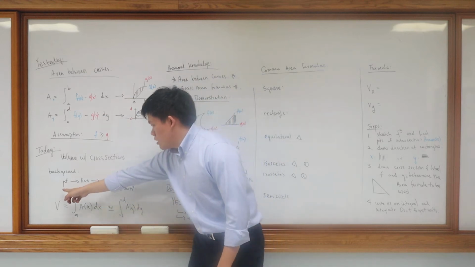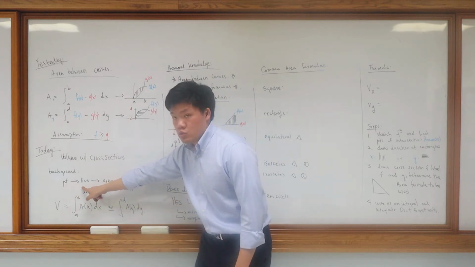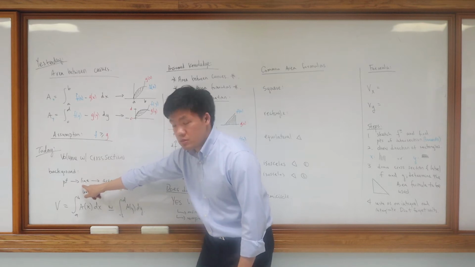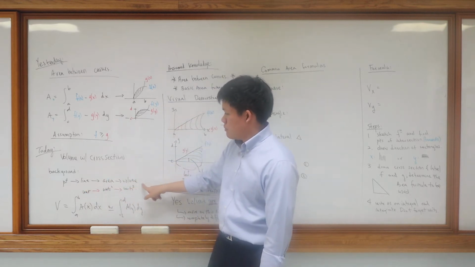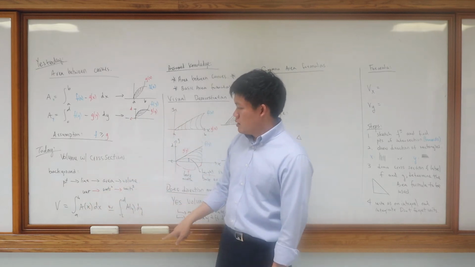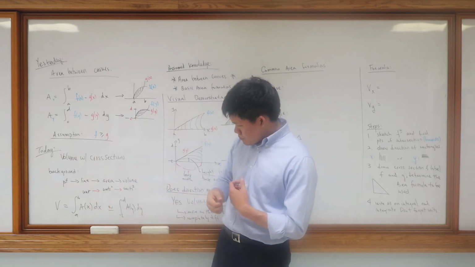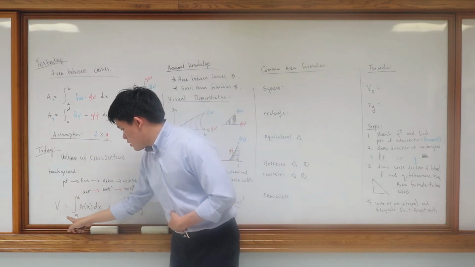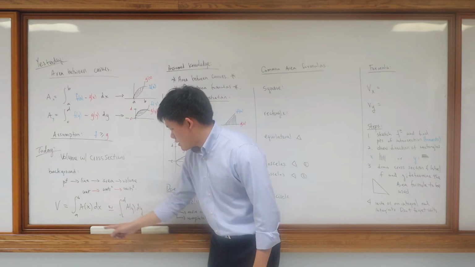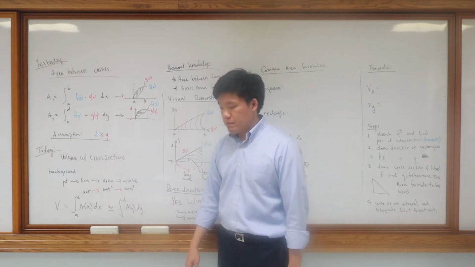A point becomes a line if you draw it connected, and if you integrate a line you get area. This is one dimension, this is two dimensions, and this is three dimensions. Think about unit analysis: units squared and units cubed. So if I integrate area between my bounds, I get volume. You can do this in terms of x or in terms of y.